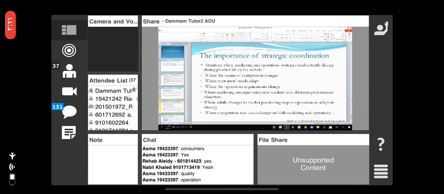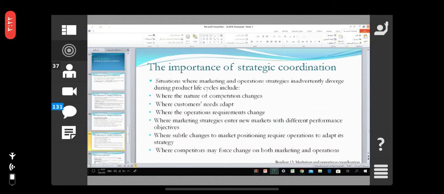You need to ask what the nature of competition change. Sometimes the competition changes, right? The competitors, maybe he changed his strategy, maybe he changed his prices. Sometimes you need where the consumer needs to adapt. What's the operation requirement change? What's the marketing strategy in your new market?